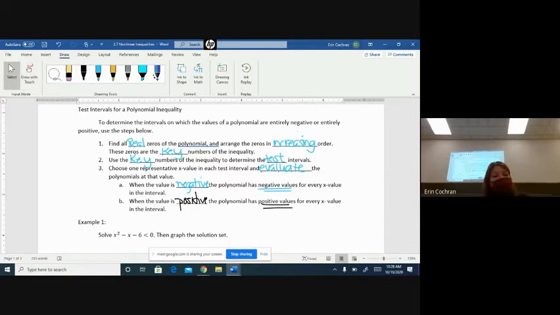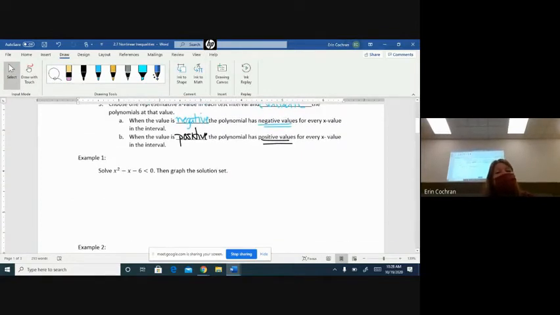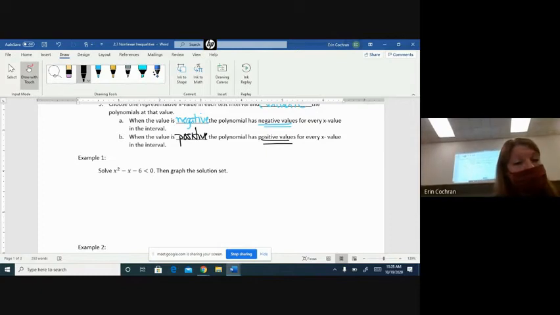Solve x squared minus x minus 6 is less than 0, then graph the solution set. Now, if you saw this right off the bat, you would think to factor. You're doing the same thing here. When I factor this, what do I get? x plus 2 and x minus 3.